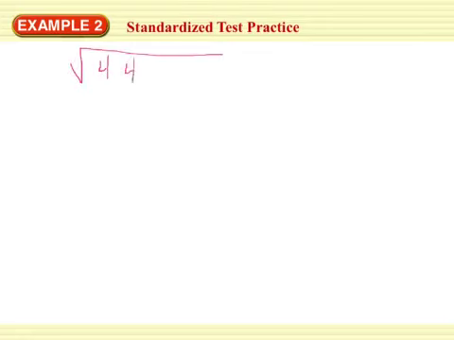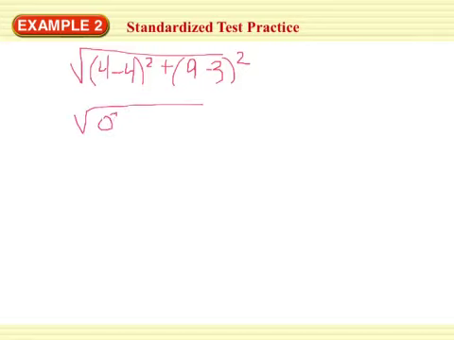4 minus 4 squared, 9 minus 3. 0 squared plus 6 squared, 36. So GK is 6. Awesome.